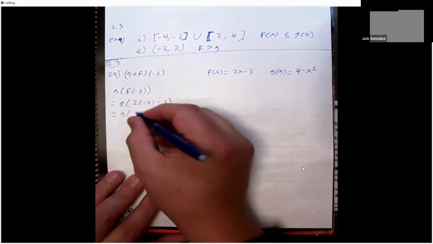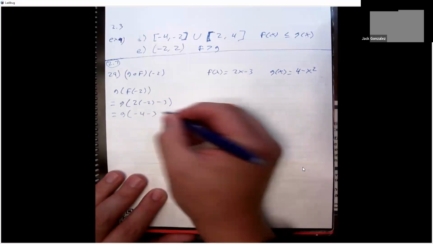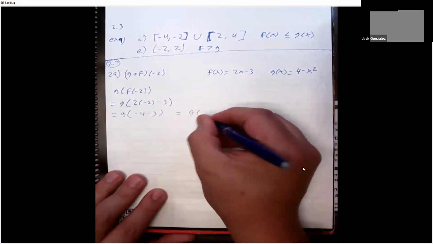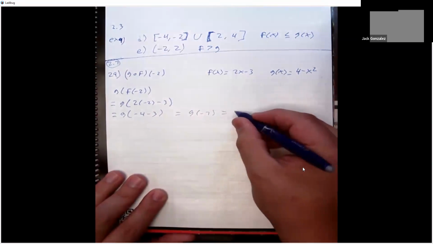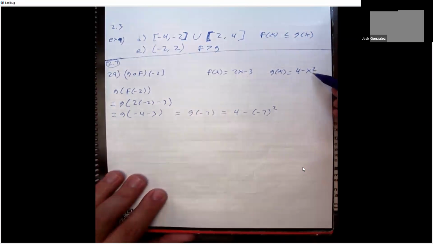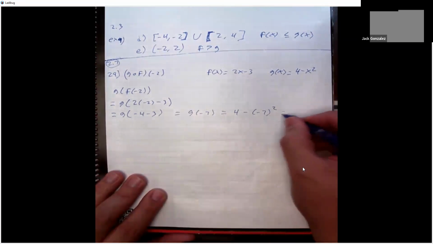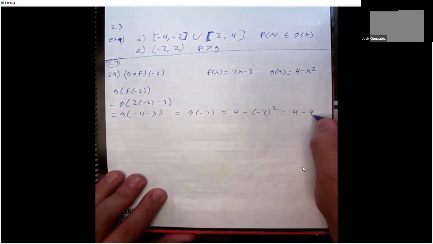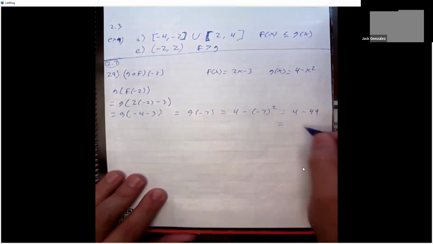Two times -2 is -4, minus 3, that will be G of -7, which would be 4 minus -7 squared. Plug it into here now. So what would that be? Negative, right?